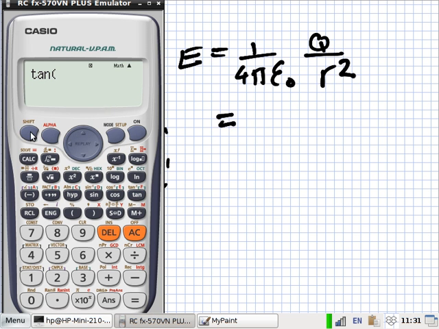So I press Shift, Store, and then pick the letter I want. So hang on, let me just get it back up. So here I would press Shift, Store, and then I'll put in letter A. Now watch, I can get the A back later, alpha A.